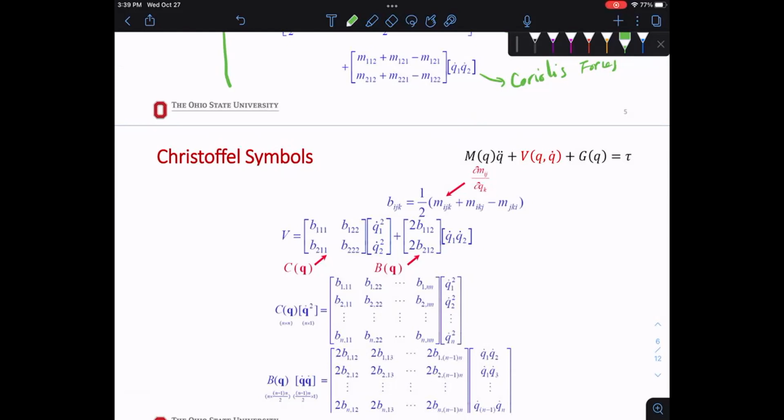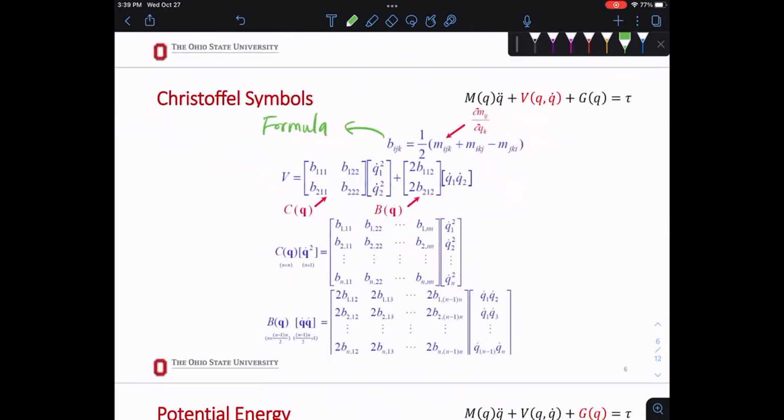We are using Christoffel symbols, so calling it B112, B111. This is the Christoffel symbol. We are going to use that formula up here to populate your C and B matrix.